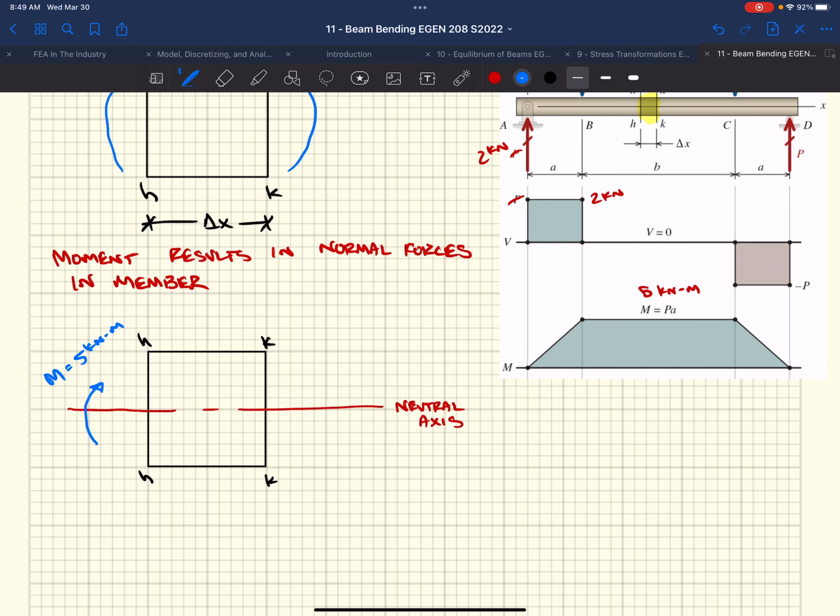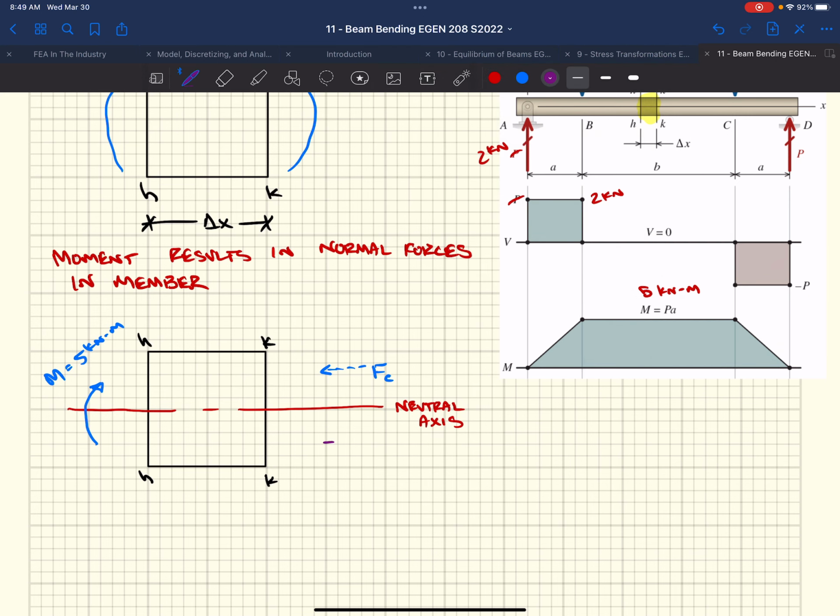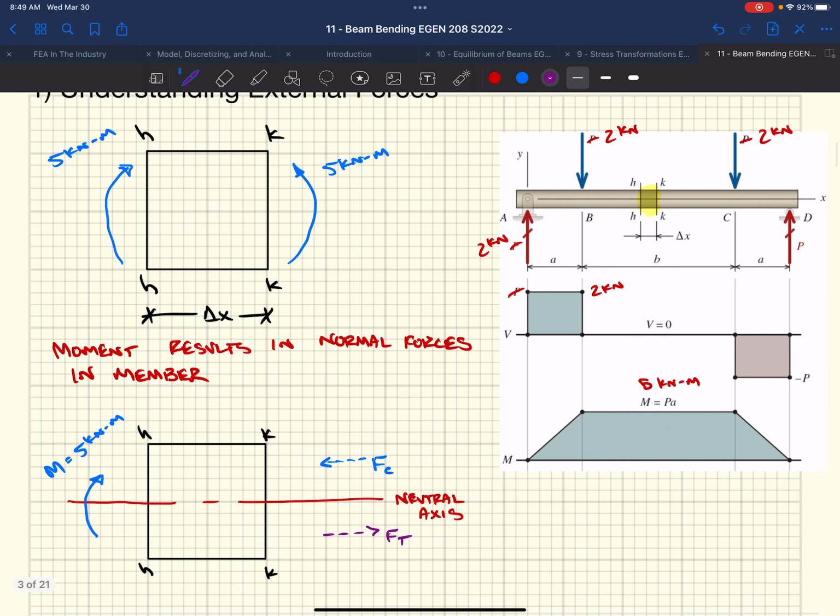A moment is just a force at a moment arm. So what's going on the other side? Well, we've got a force. So we can take that 5 kilonewton meter moment, right? It's the same as a force acting at some moment arm, and those forces FC and FT create a couple and it's trying to rotate it in the same direction as our moment that we applied at KK before, right?